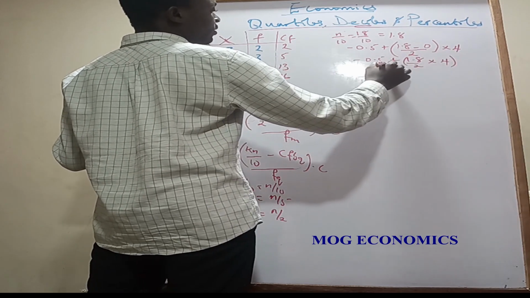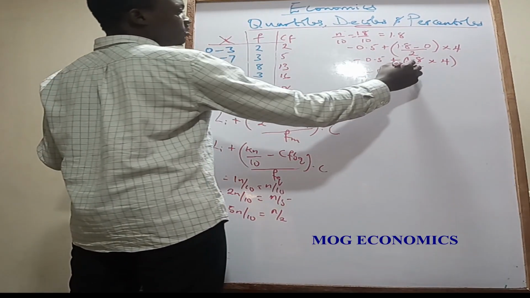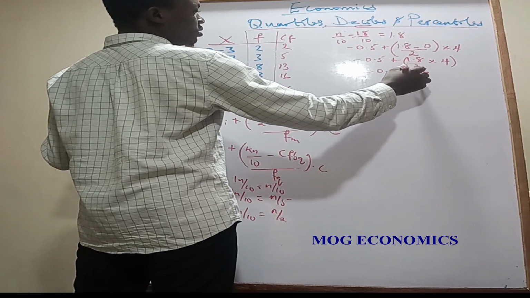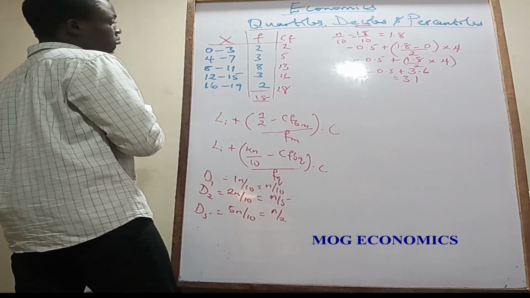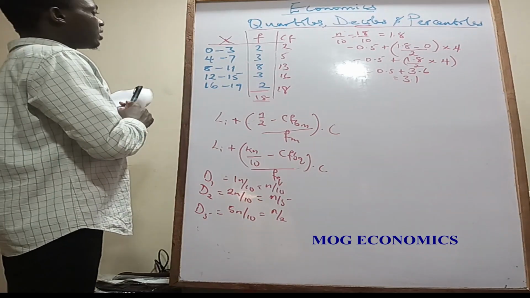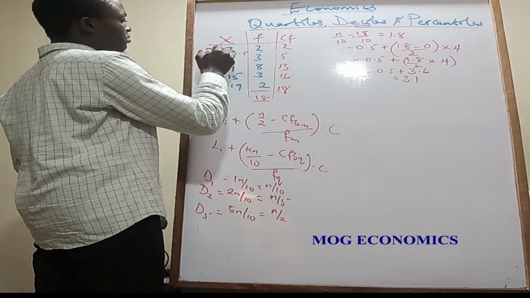So minus 0.5 plus 3.6, and this is going to give us 3.1. Of course, when we do the class boundary, minus 0.5 to 3.5.